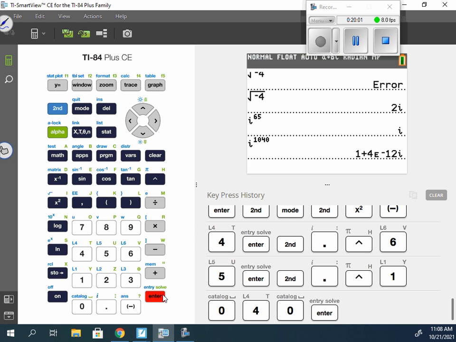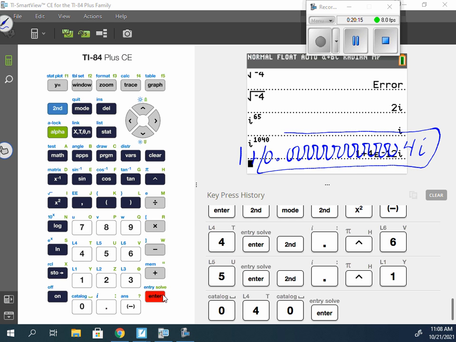Now, really what this is saying is that I have 1 plus 0.00000000000 for i. What is that number really close to? Yeah, it's really close to what? 0, isn't it? So really, what is this value? 0, so we're left with 1.